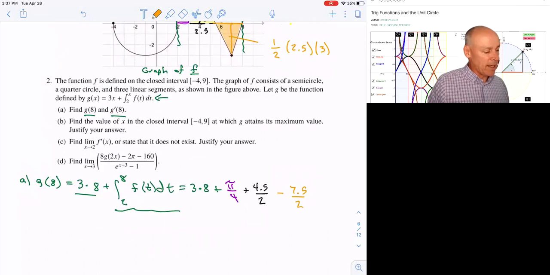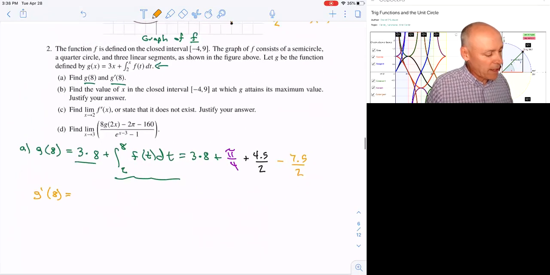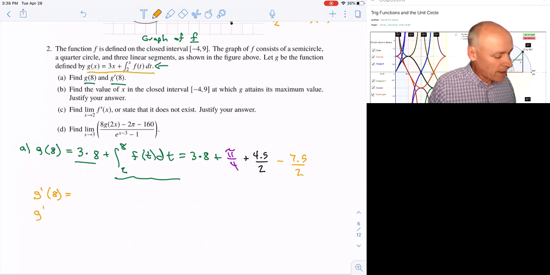Okay, so that's G at 8. G prime at 8. Well, first thing I got to find is G prime at x. FTC part 2, G prime at x is going to be 3 plus, I'm just taking that x, putting it into my integrand, 3 plus f of x.